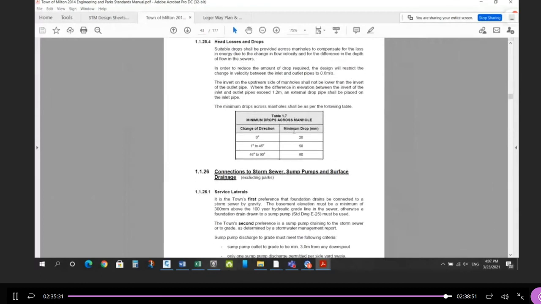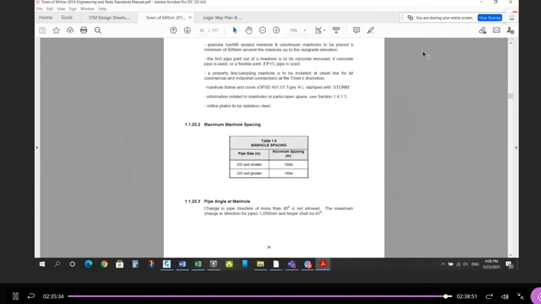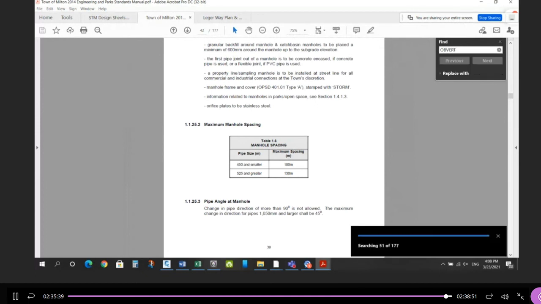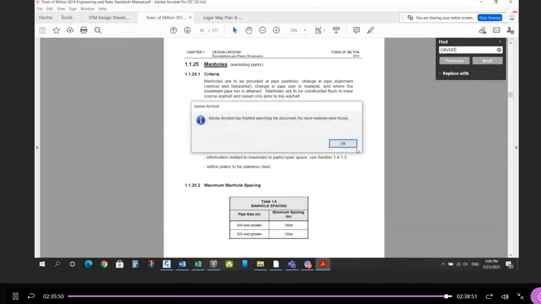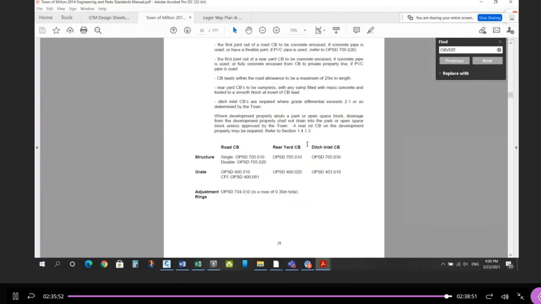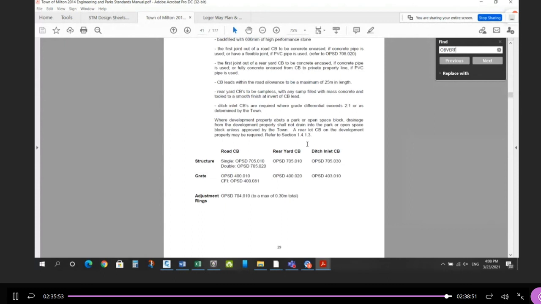Head loss, drops, and should give it here as well. Let me just check, Control F, obvert. Okay, it's not in the standard. I would match obvert as a minimum as well.